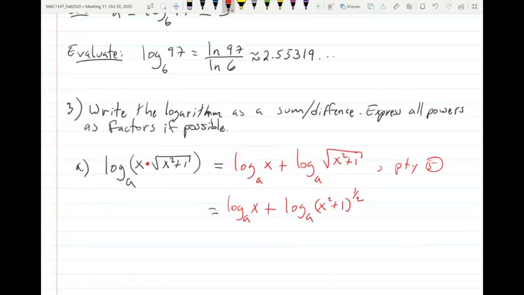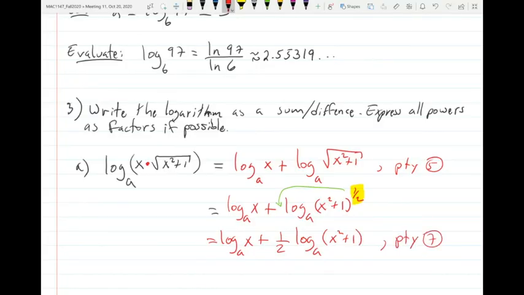Remember that the problem says to express all powers as factors if possible. So in this case, we can now use property number 7 to take the 1/2 and bring it down. So this is going to be equal to log base a of x plus 1/2 log base a of x squared plus 1. Here we use property number 7.